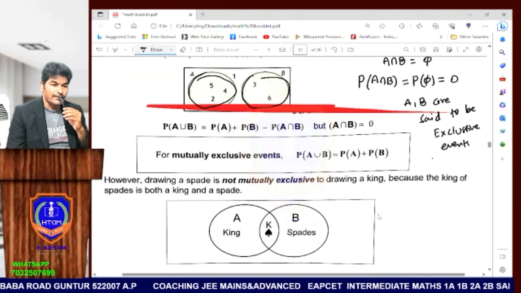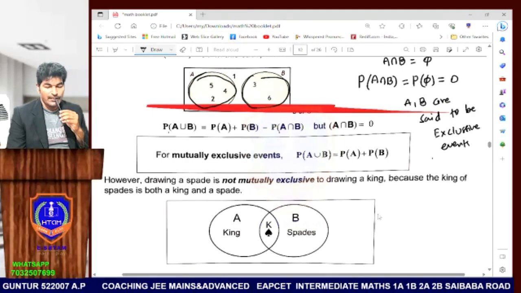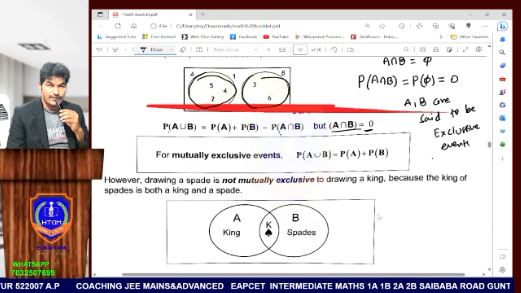In this case, P of A union B should be P of A plus P of B minus P of A intersection B. But P of A intersection B is 0 because A, B are exclusive events.